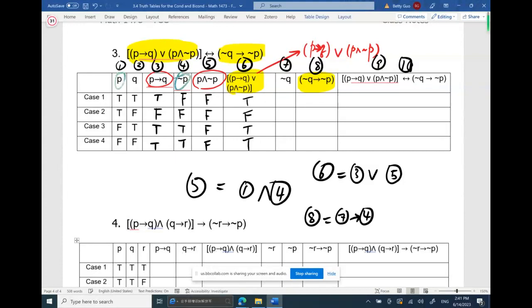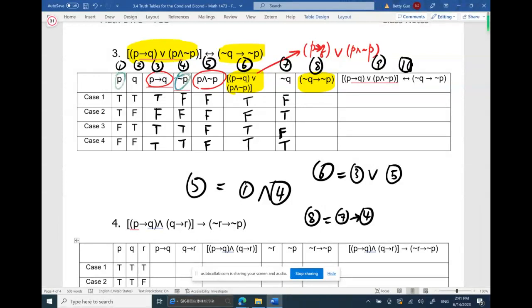Number 8 has antecedent 7, consequent 4. So let's fill in column 7 first. We look at column 2 and column 7, so opposite: F, T, F, T. So column 2 and column 7 have opposite truth values.